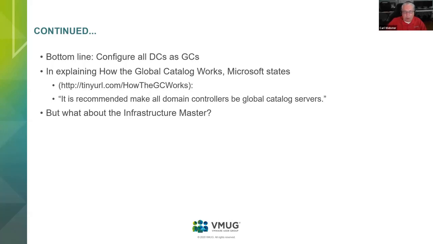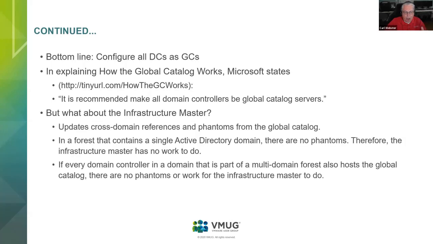Well, what most people have not done is read the second half of that Microsoft article, because the infrastructure master updates cross-domain references in phantoms from the global catalog. So if you're smart and you're in a forest that contains only a single Active Directory domain, which is a Microsoft recommendation, there are no phantoms, and therefore the infrastructure master does absolutely nothing.